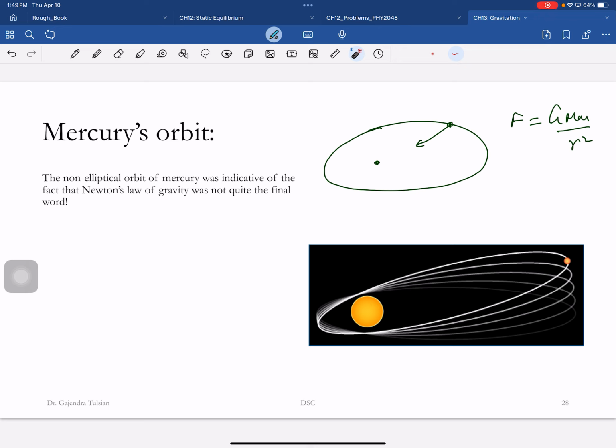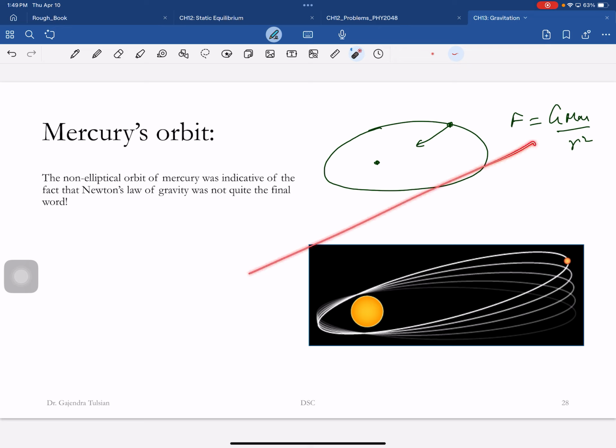Now, it turns out that Mercury's orbit does not close, and the effect is very small. So it's actually spiraling like that. What this implies is that the force of gravity between the Sun and Mercury is not exactly that; there's a small correction.